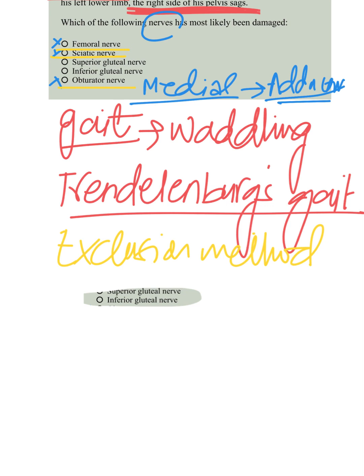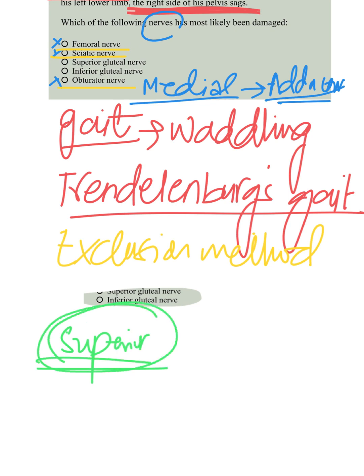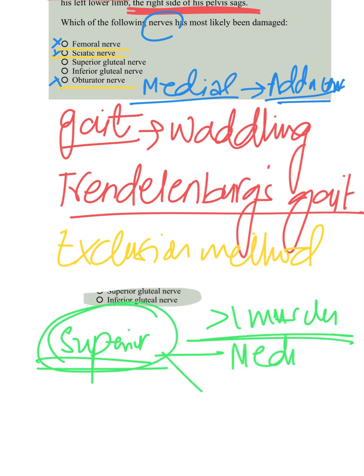So I have learned it in this way: the superior gluteal nerve is the larger nerve because it's superior. It says it's superior, so if it's superior, it means it can cater to more than one muscle. So it supplies two muscles, that is the gluteus medius and the gluteus minimus.